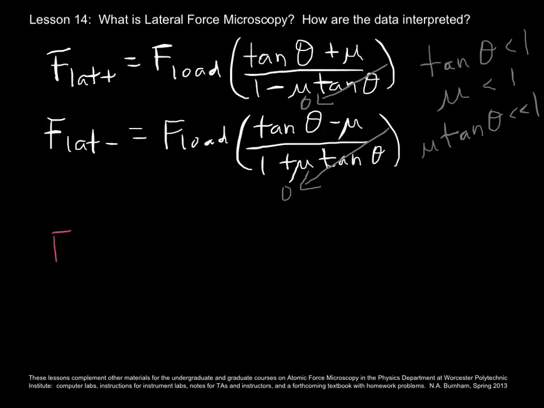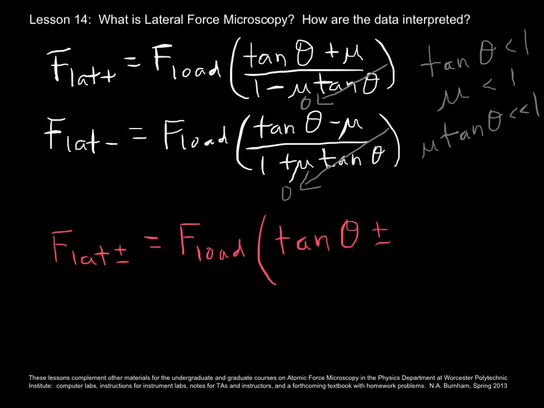This simplifies our thinking greatly, so much so that it is practical to combine both of those equations into one equation by putting a plus-minus sign in front of the mu now. The denominator has become 1, and the plus sign in front of the coefficient of friction means up the slope, the minus sign means down the slope.